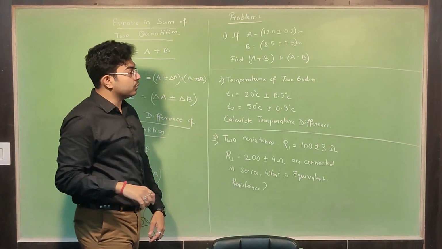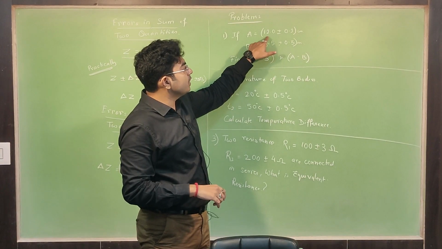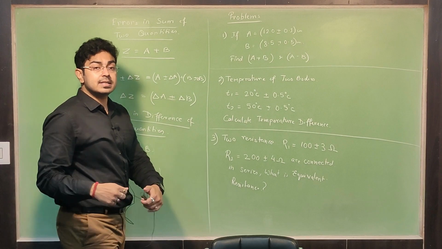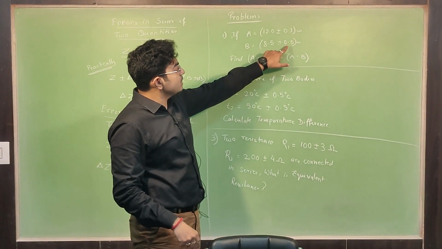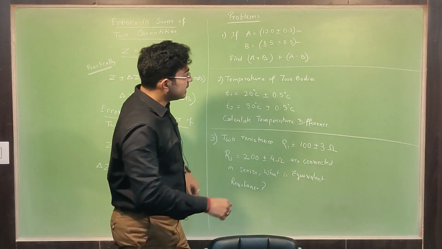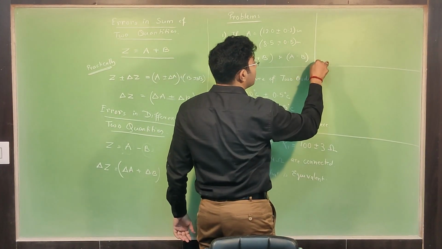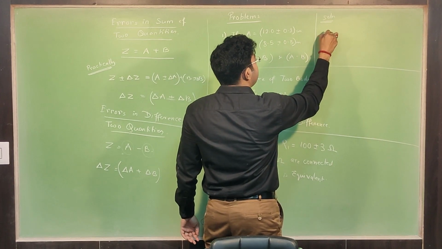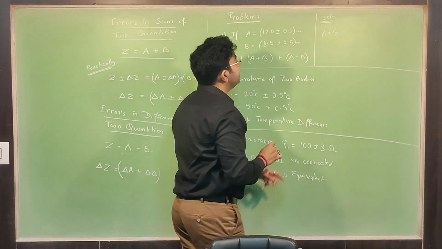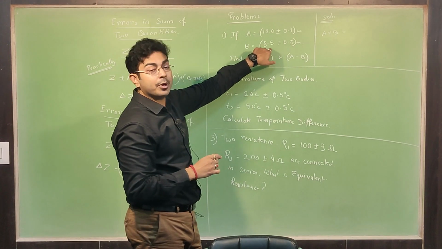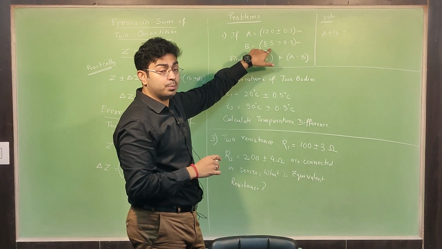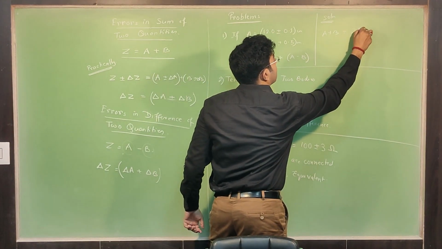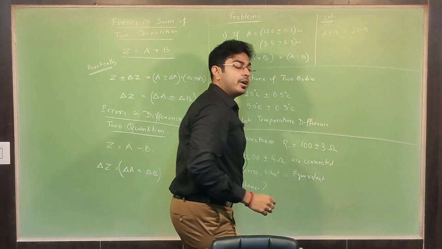That means 0.1 is the error in A and 0.5 is the error in B. So if I go with the solution, A plus B will be what? 12.0 plus 8.5. Here it will be 20.5, right?